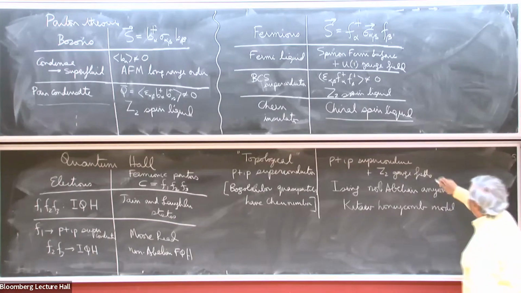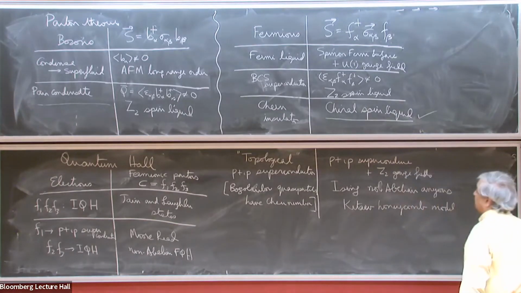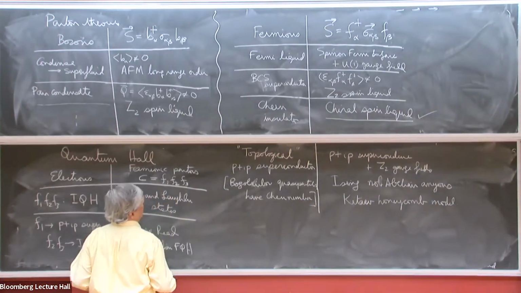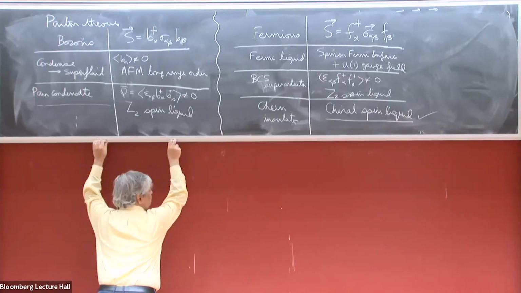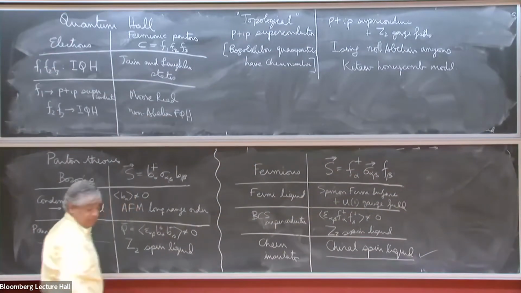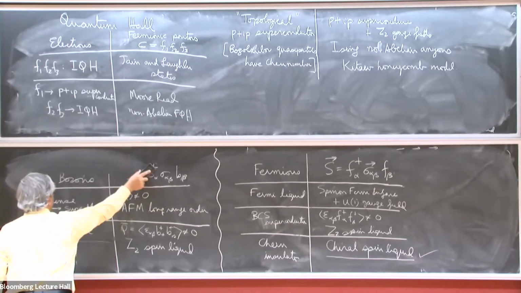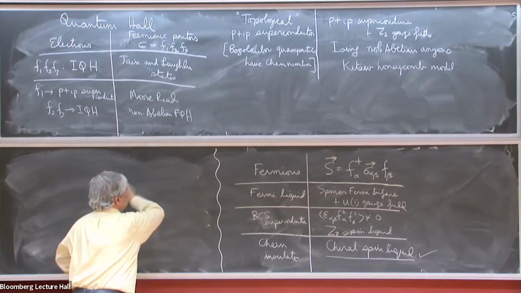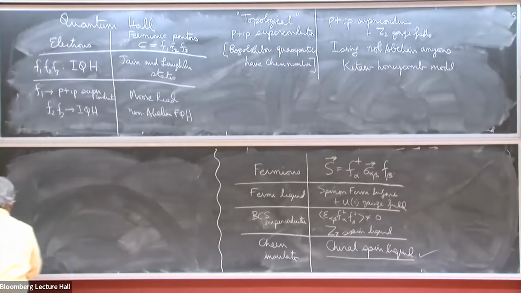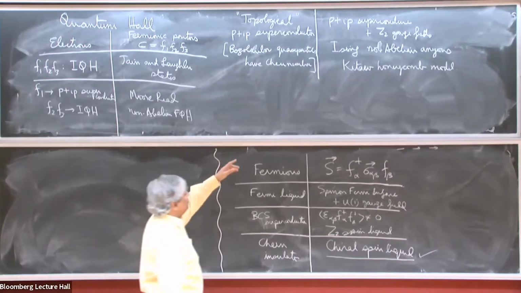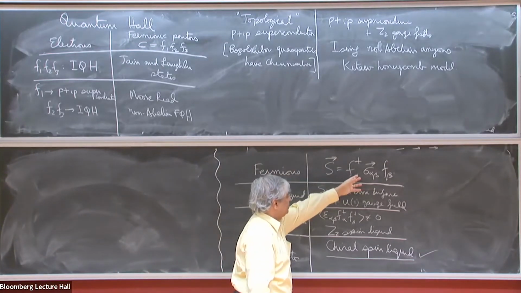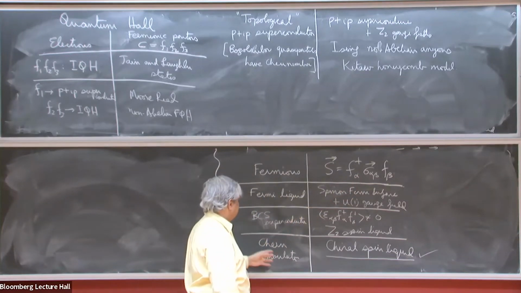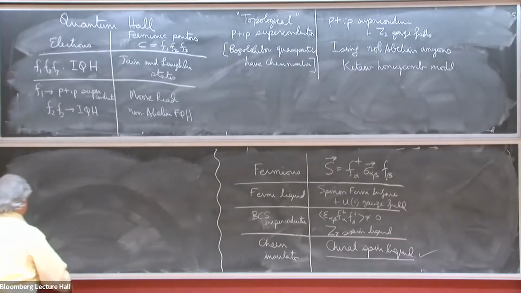Okay, so let's talk about this. So what happens here? Okay, so I just follow this route. I do this decomposition, and I'm going to put these fermions in the Chern insulator. What does that mean?